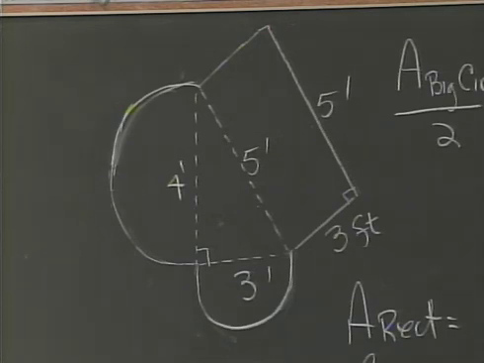Two areas I want. Area of the rectangle and the area of the triangle. There's a triangle in the middle, so let's get that one done too. See if you can get those, then we'll go for the circles.